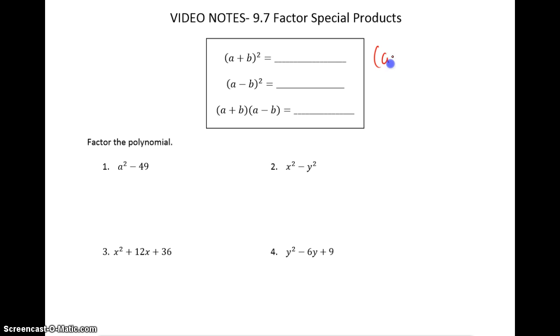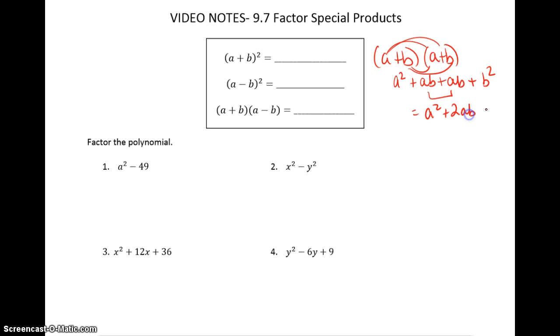to multiply two polynomials, (a plus b) and (a plus b) together, and we would get a squared plus ab, and I'll put these in alphabetical order, ab plus b squared. And then the two middle terms combined, and we got 2ab plus b squared.